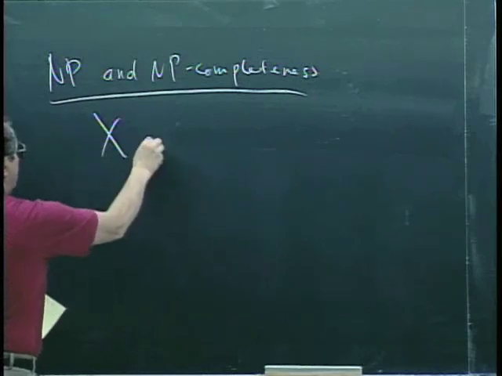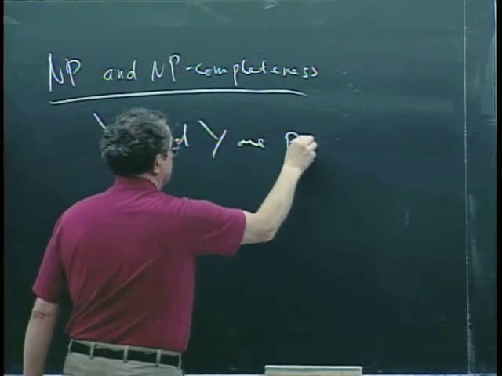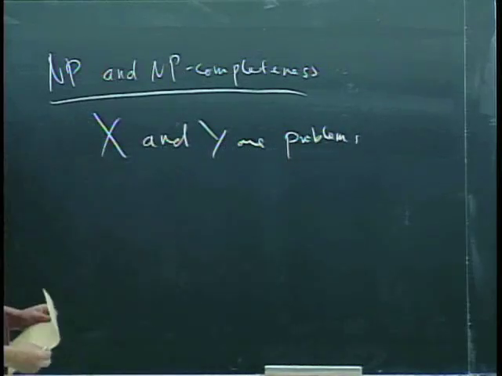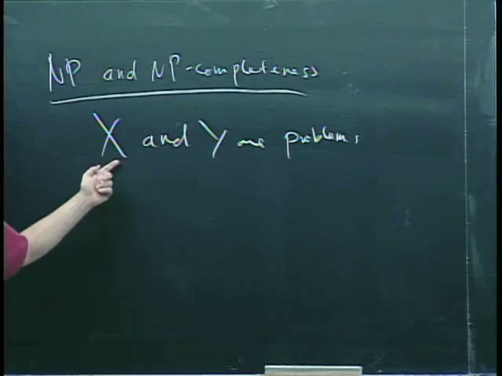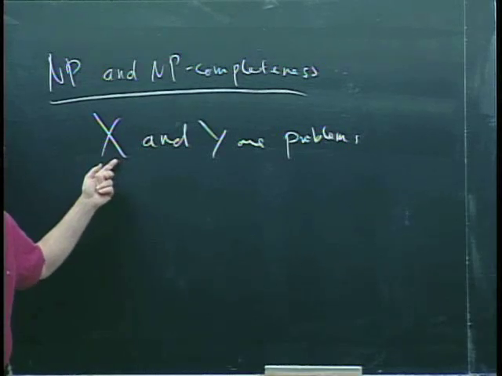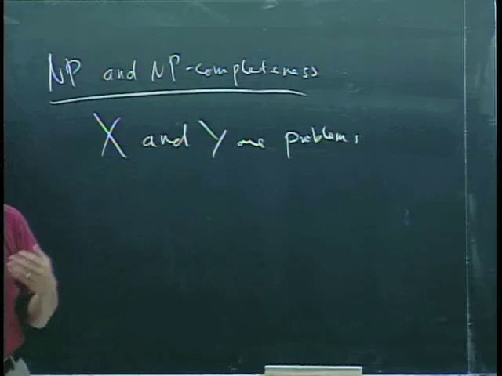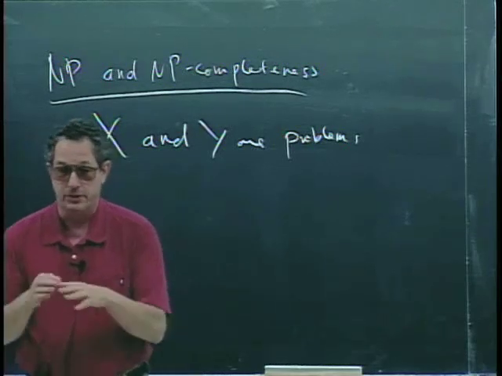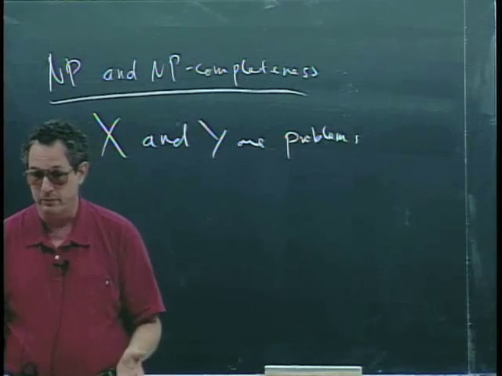So X and Y are different problems. So you can think of X as any problem and Y any problem that you like. For example, last time Rob talked about vertex cover, so you can think of, let's say, X as the vertex cover problem, and Y, in one of your homework questions, you looked at independent set restricted to a tree, but we can also talk about independent set problem on an arbitrary graph.